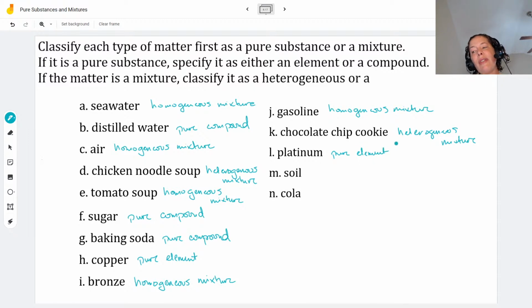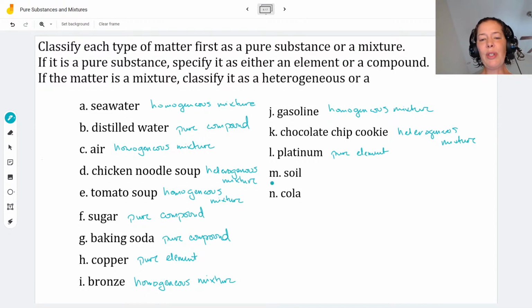But kind of like copper and a lot of other things, platinum will form a little bit of a patina on the outside where it reacts with the air. And so you could argue that if you have a piece of platinum jewelry and it has formed a patina, you actually have a heterogeneous mixture because you've got a little bit of that oxide on the outside. But we're just assuming pure platinum here.